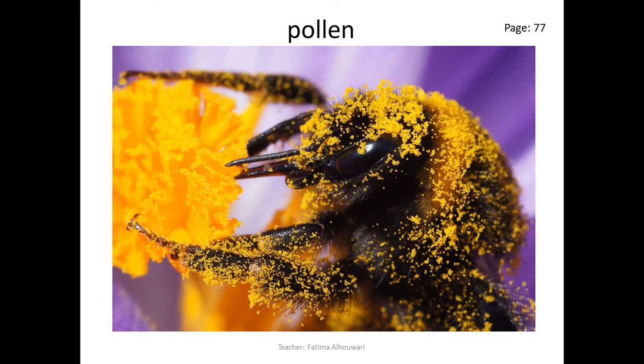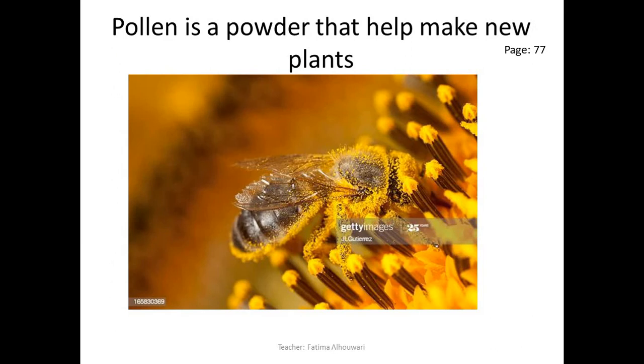So, now grade 1, we know that pollen is a powder that helps make new plants. Here we can see another picture. These are petals, and they have pollen on top. Here they are. And we can see how this bee picked up the pollen.